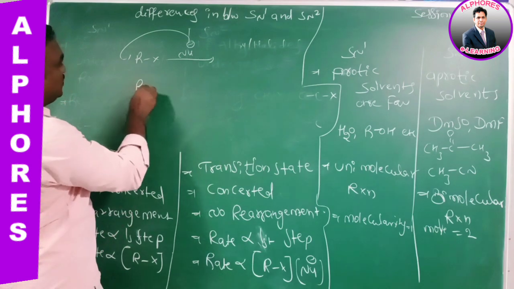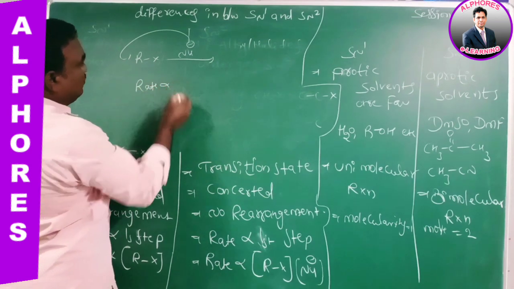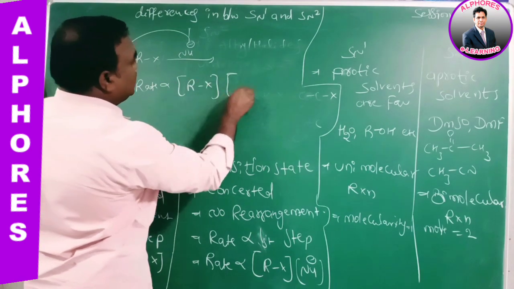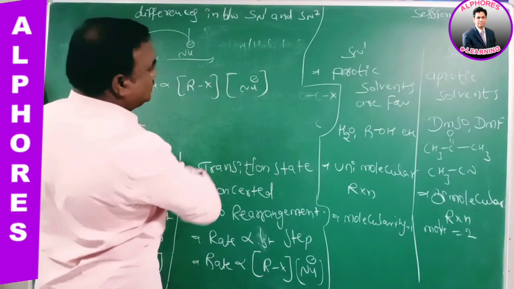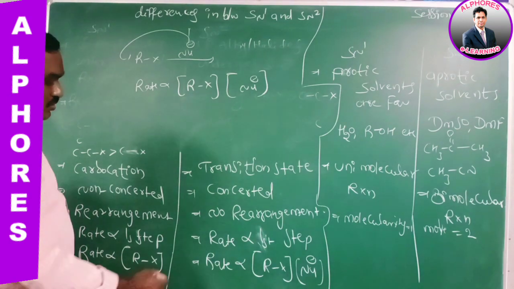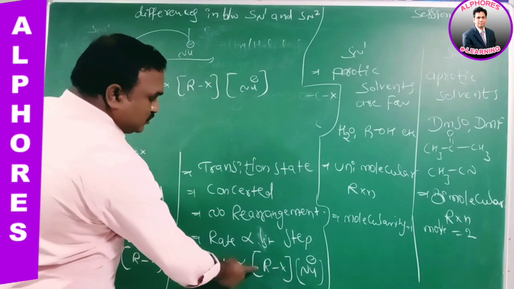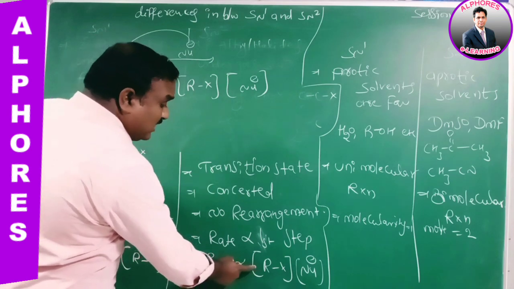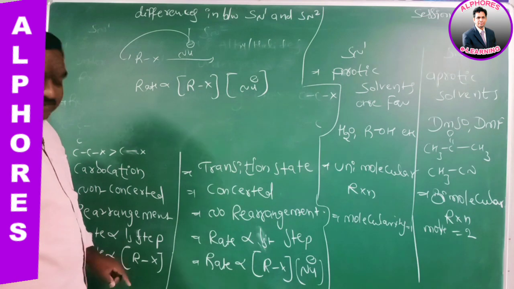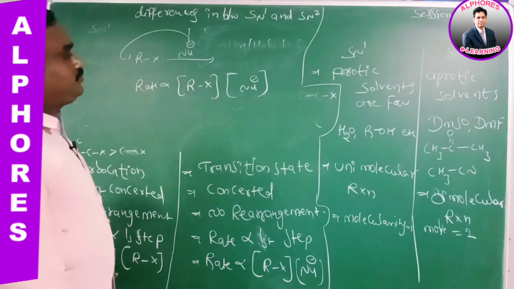That means the rate is directly proportional to the alkyl halide concentration and the incoming nucleophile concentration. So the rate is directly proportional to the alkyl halide and the nucleophile.